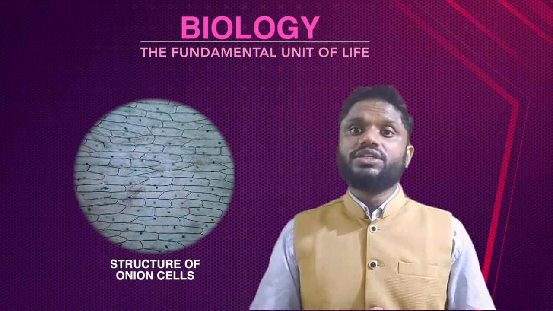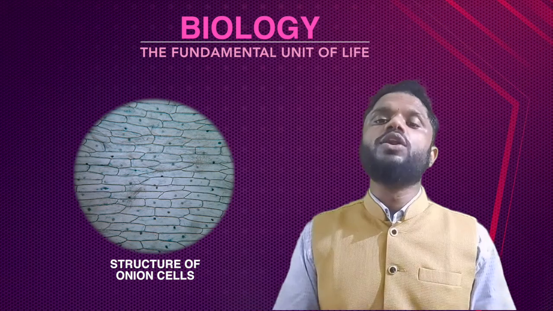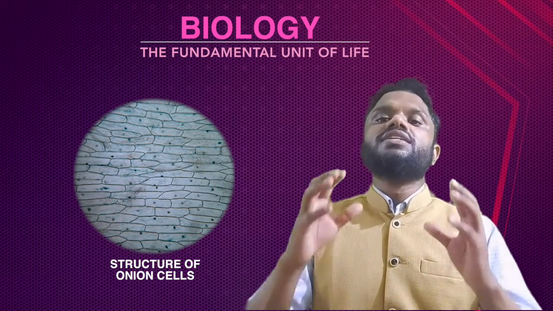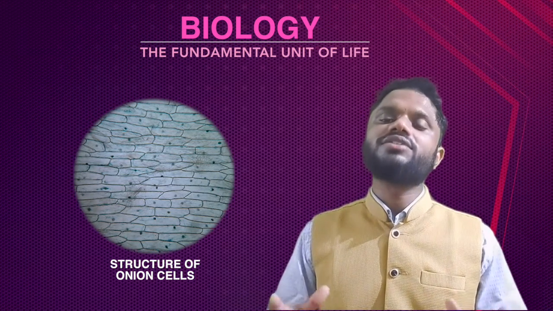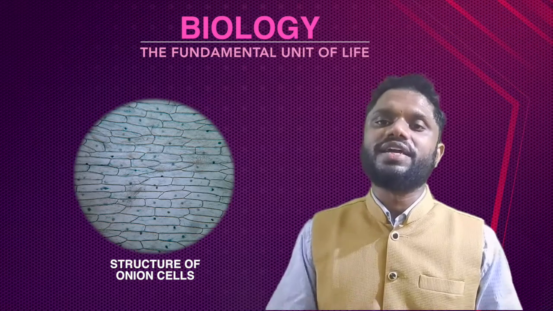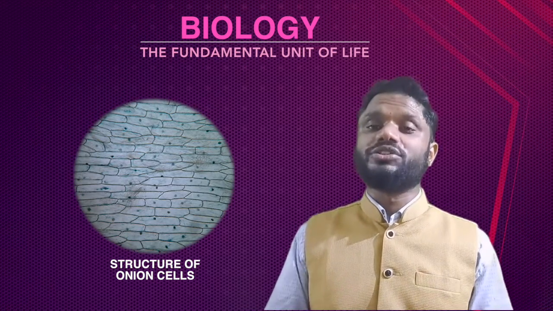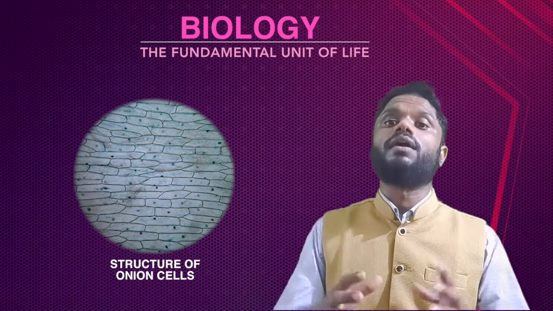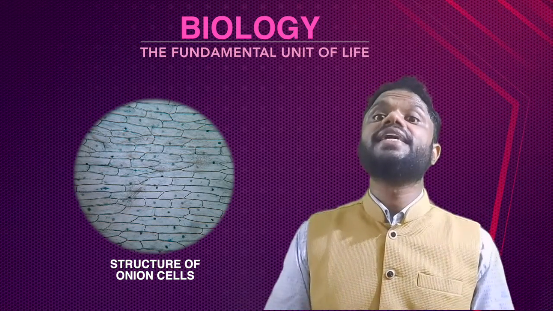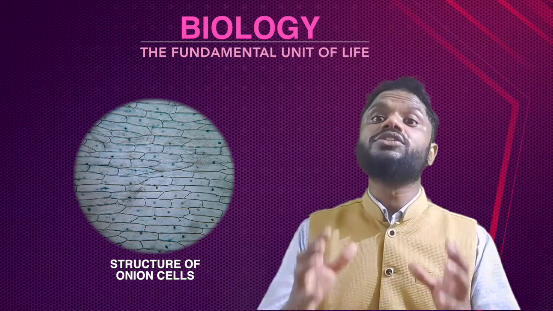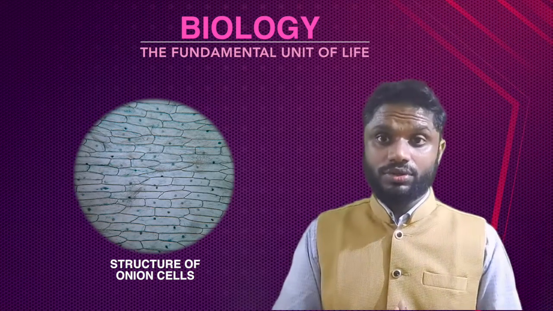The cells of the onion peel will all look the same regardless of the size of the onion they came from. These small structures that we see are the basic building units of the onion bulb.